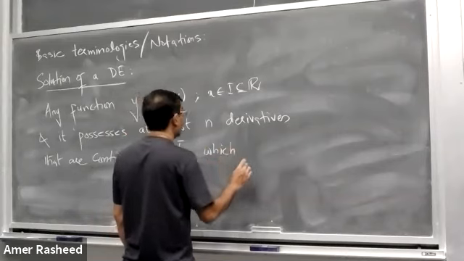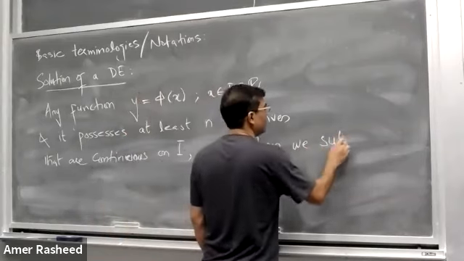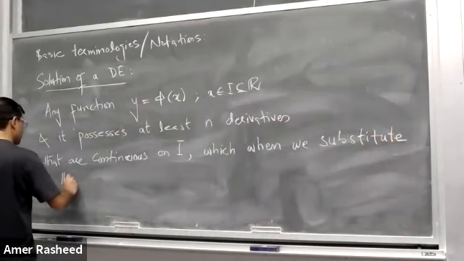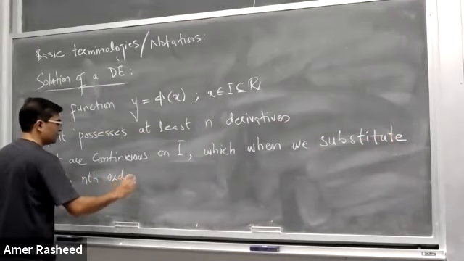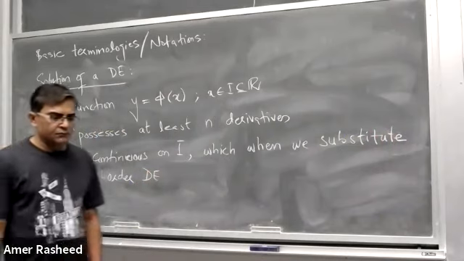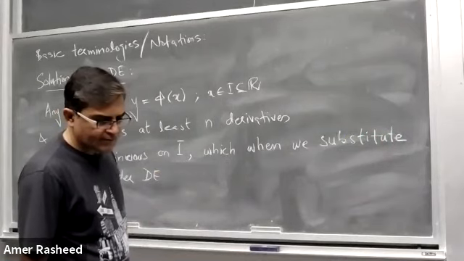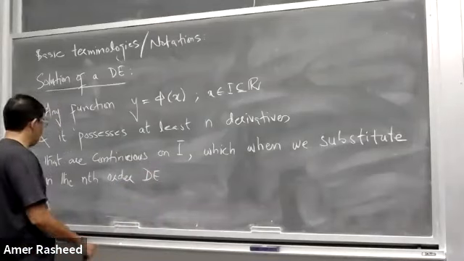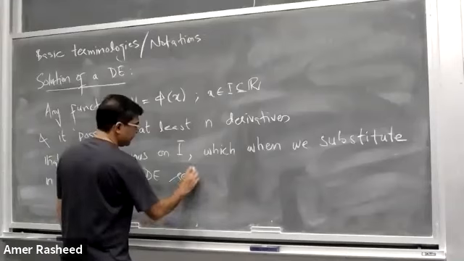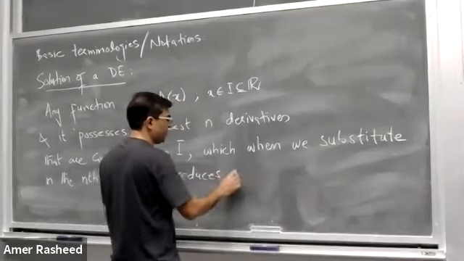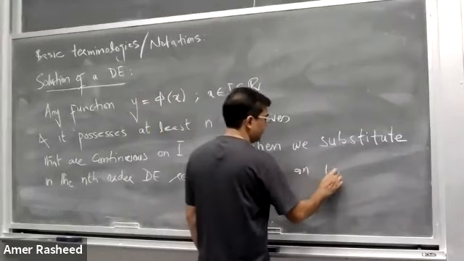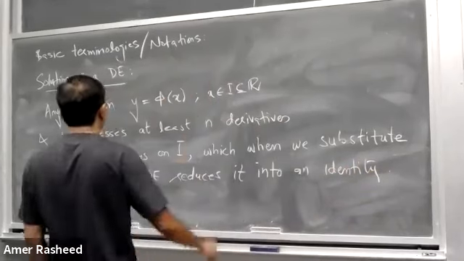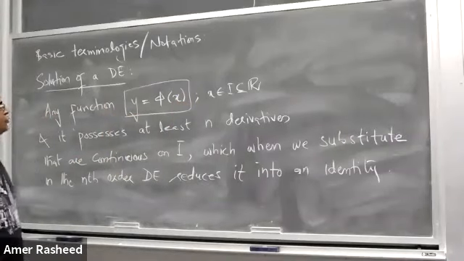Which, when we substitute in the nth order differential equation, reduces that equation into an identity, then we call this function y is equal to phi of x the solution of that differential equation.